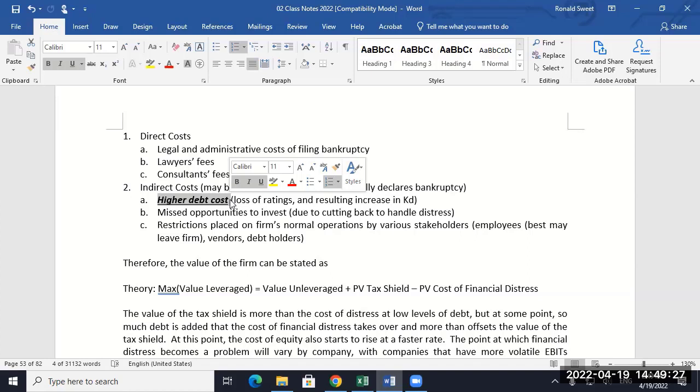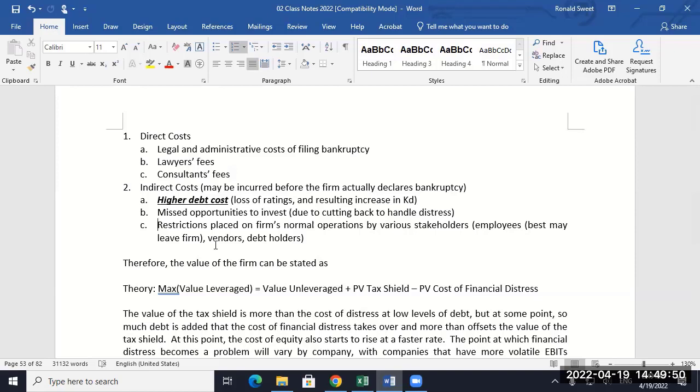So yeah, their cost of debt is going to be extremely high. It's probably 18-19%, which in itself is going to make it more difficult for them to come back because they're having to pay so much of their debt. They're not going to be building new stores, and then they're going to have restrictions placed on them. People are going to come in and say, hey, you can't pay dividends.